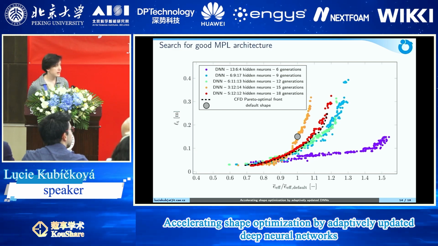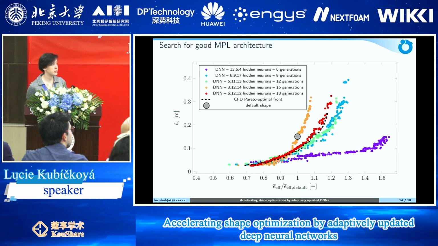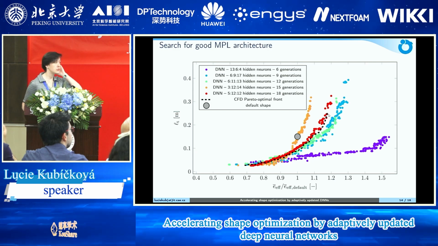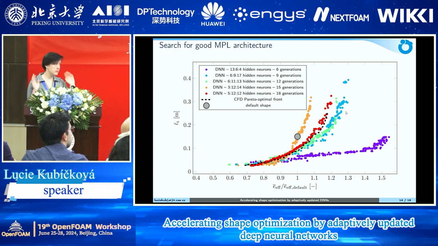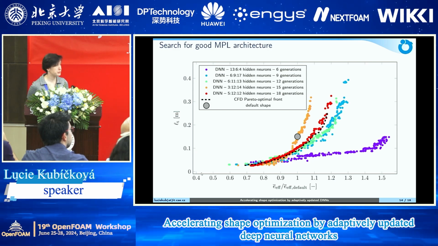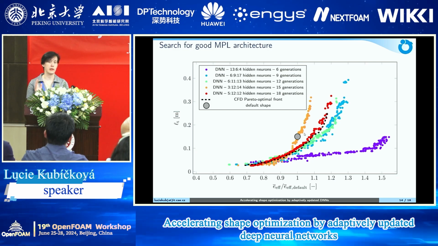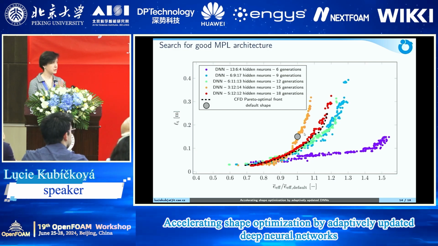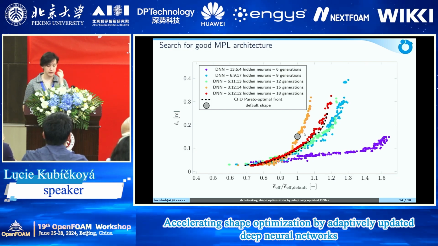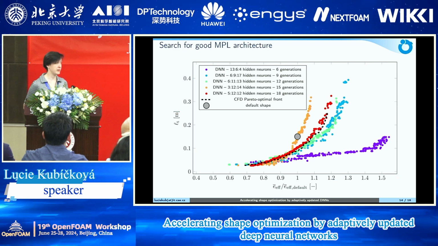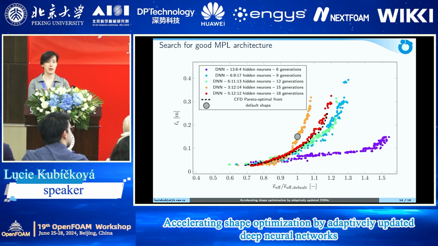But when we added generations, after 18 generations, the neural networks came up with something that looked good. So we said that, okay, 18 is enough. So we reran this algorithm 5 times and created a very big number of samples generated by deep neural networks, and we recomputed them.